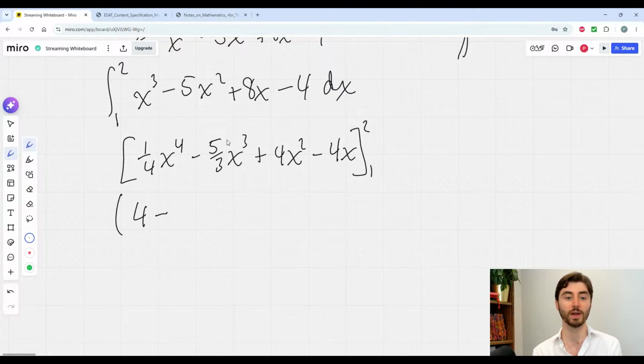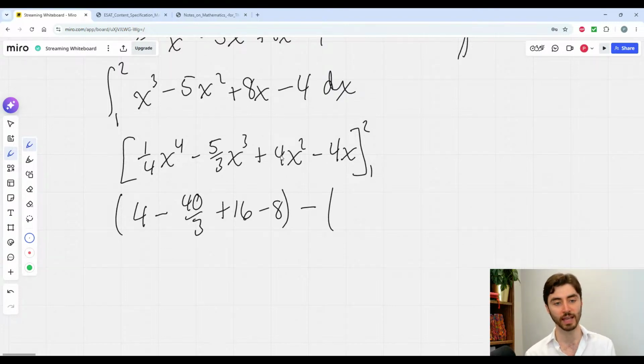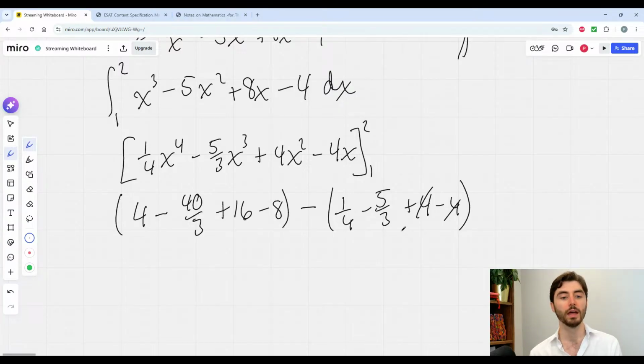Minus 40 over 3. When I plug in x equals 2, you get plus 16, and then you get minus 8. And you subtract from that what happens when you plug in the second number. So if I plug in 1, I'm going to get all of these guys, which I'm not going to want to have to deal with. But at least those cancel. And so now if I compute this, it will tell me the exact area under the curve between those things.